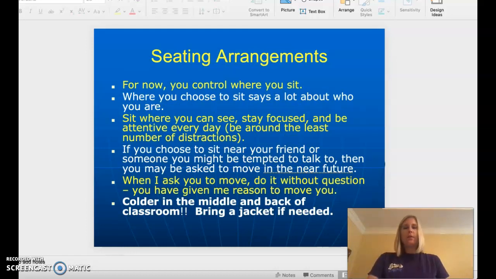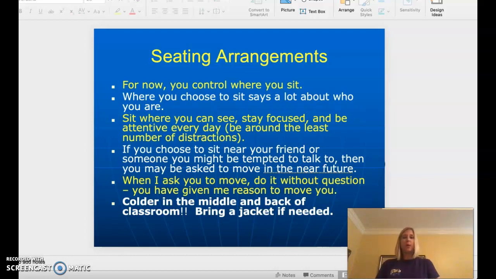I've already gone over the seating arrangements with my in-class students, but for those of you that are virtual, if you do come back to the classroom, more than likely I will have to assign you a seat because other students were given preference and they were allowed to choose their seats.